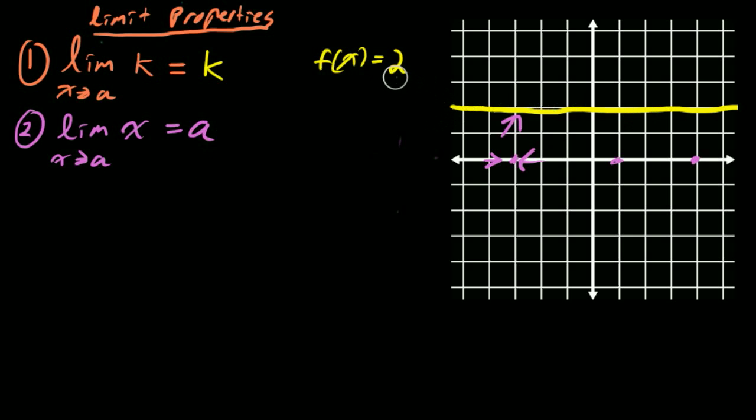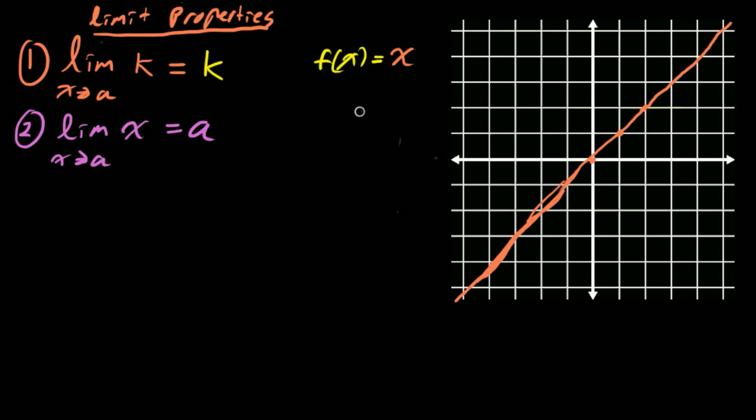That would be like saying we had a function f of x equal to x, and so that would just be a line. It would be a line that hits the origin and has a slope of 1. Well, that's kind of a sad drawing, but it'll work.